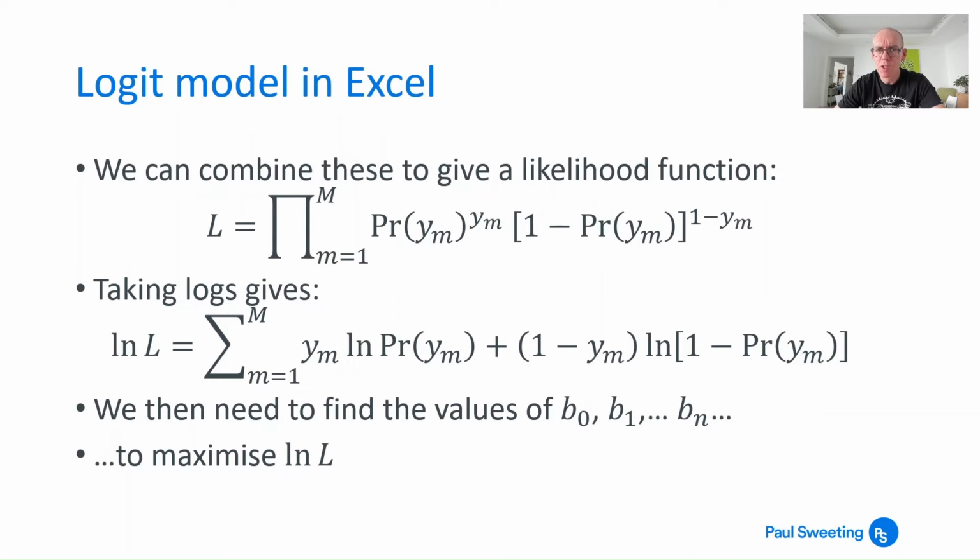Now, the next thing we do is to take logs. Now, there's two parts to this. The first is, why can we take logs? We can take logs because if you're maximizing a likelihood function, the parameters that give you the biggest value for the likelihood function will also give you the biggest values for the log of the likelihood function. Because the logarithmic transform is what's called a monotonic transform.